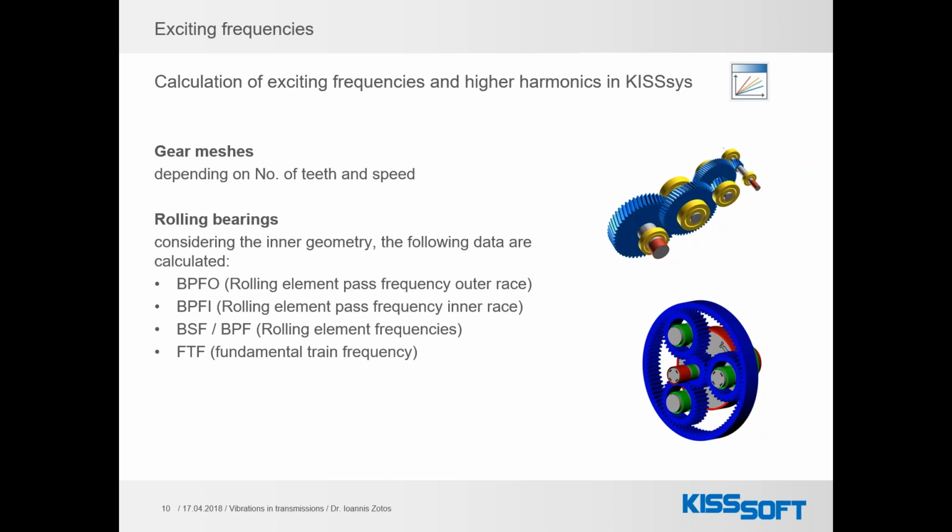These excitation frequencies can also be calculated inside KISSsoft. For example, for gear meshes, they depend on the number of teeth and the running speed. For rolling bearings, they have these classic frequencies that we also use to identify any faults in the bearings, BPFI, BPFO, and the rest. All these frequencies can be calculated inside KISSsoft.